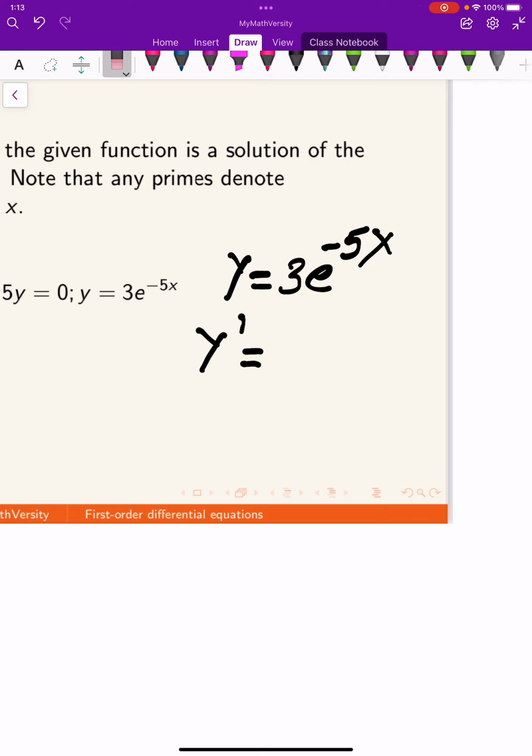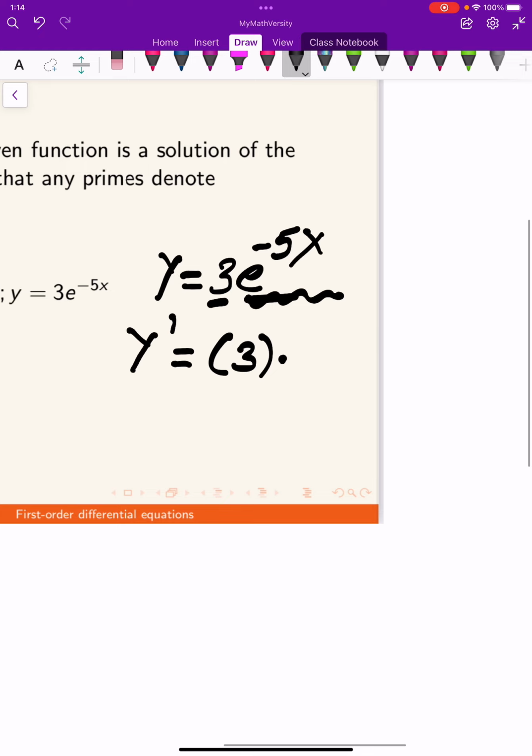How do you find the derivative of this? Here is a constant 3 multiplied by e to the power minus 5x. So we write down the constant as it is, multiply by the derivative of e to the power minus 5x, and the derivative of that can be figured out by using the chain rule. So we just need to know what is the derivative of e to the power x. I hope you know that.